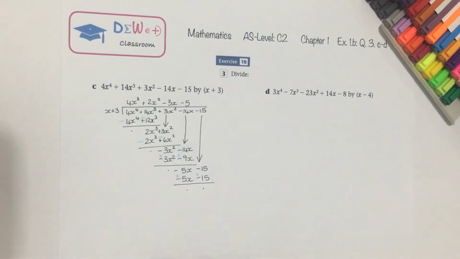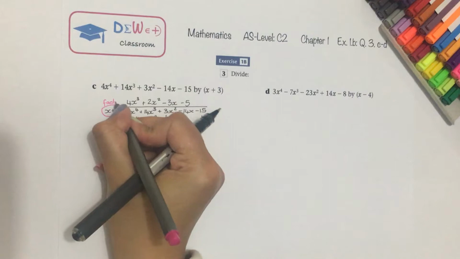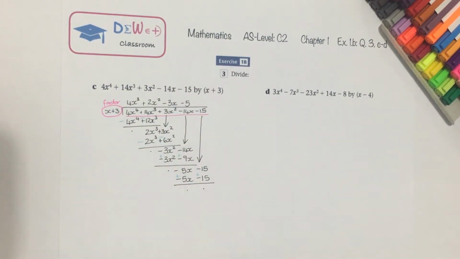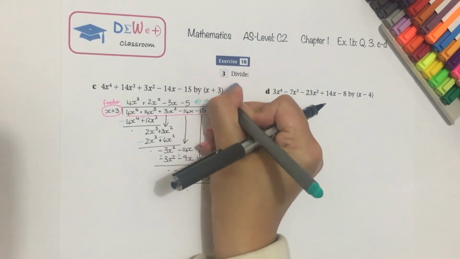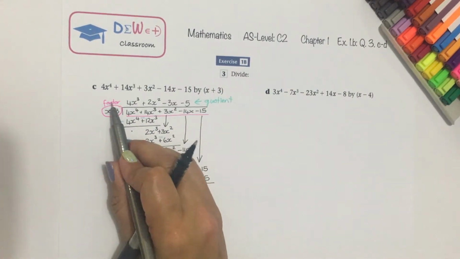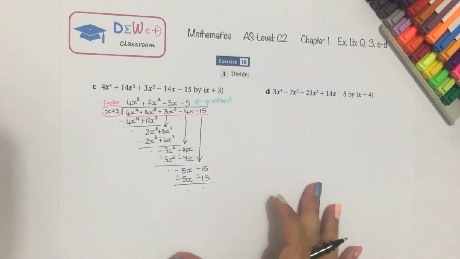So we can confidently say that x plus 3 is in fact a factor of this polynomial because the remainder is 0, and we call our answer here at the top the quotient. And when we multiply the quotient and the factor with one another, we should get back to our original polynomial.